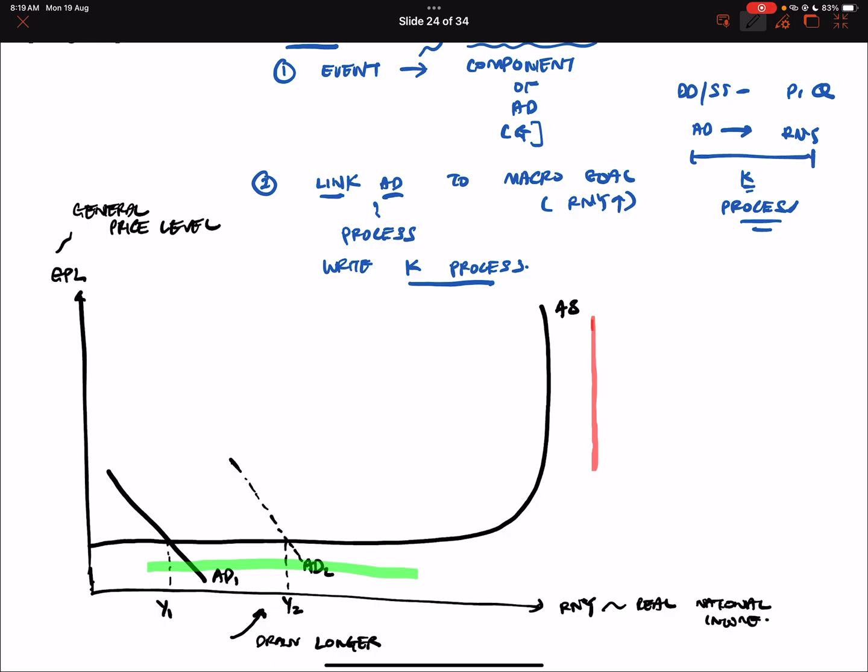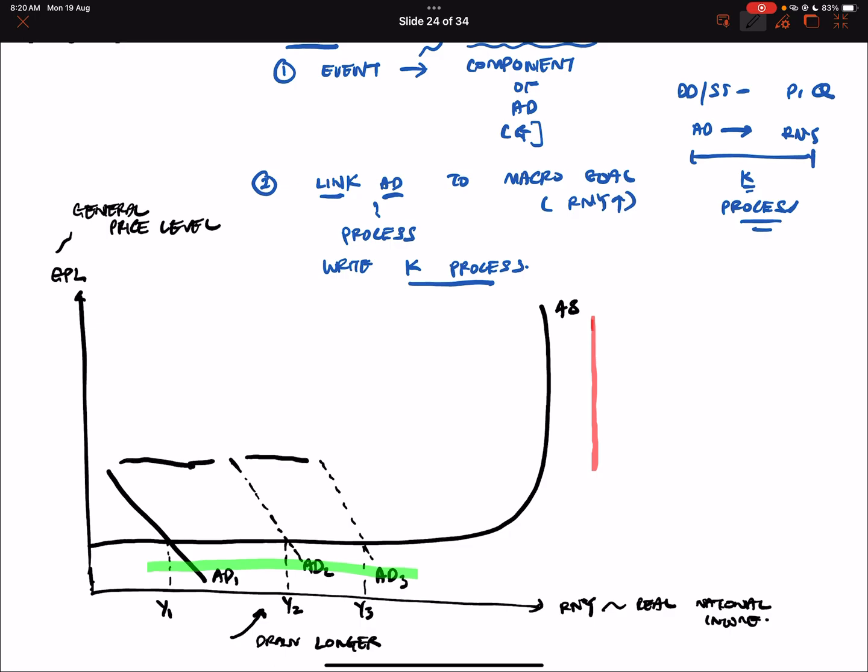Of course the people who work in the IT industry will go and spend to buy things in the supermarket, for example. So then that shifts to AD3 again. But you notice here, this gap is smaller than this gap.